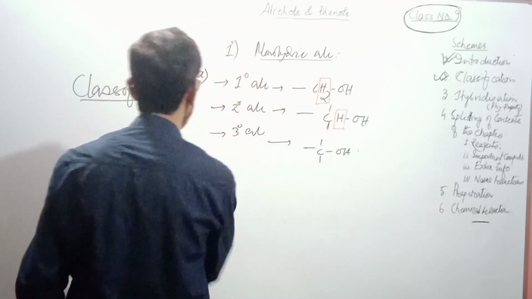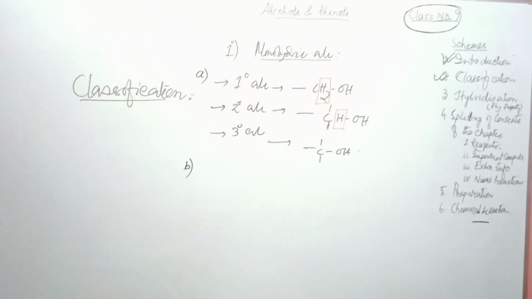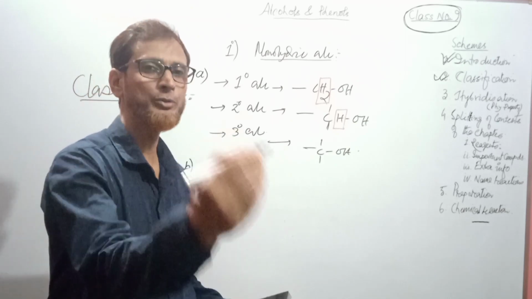Monohydric alcohol, first type: 1 degree, 2 degree, 3 degree. Second type is allylic alcohol. Again, allylic alcohol may be 1 degree, 2 degree, 3 degree.